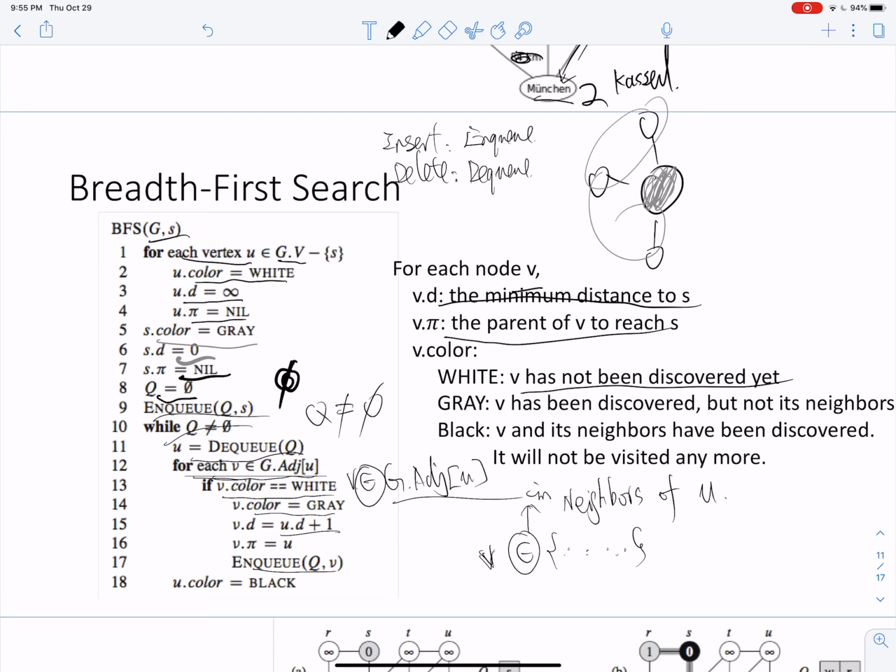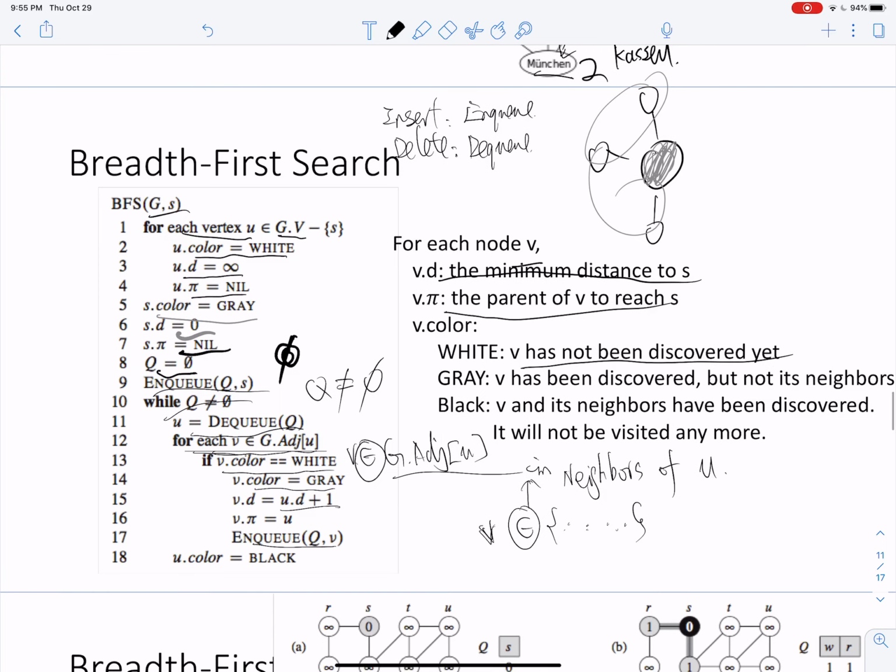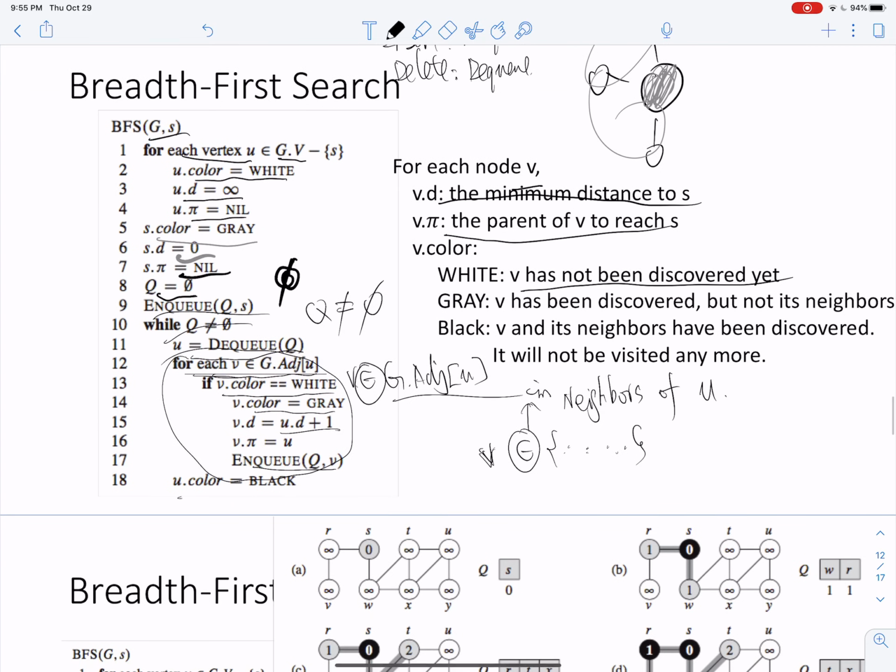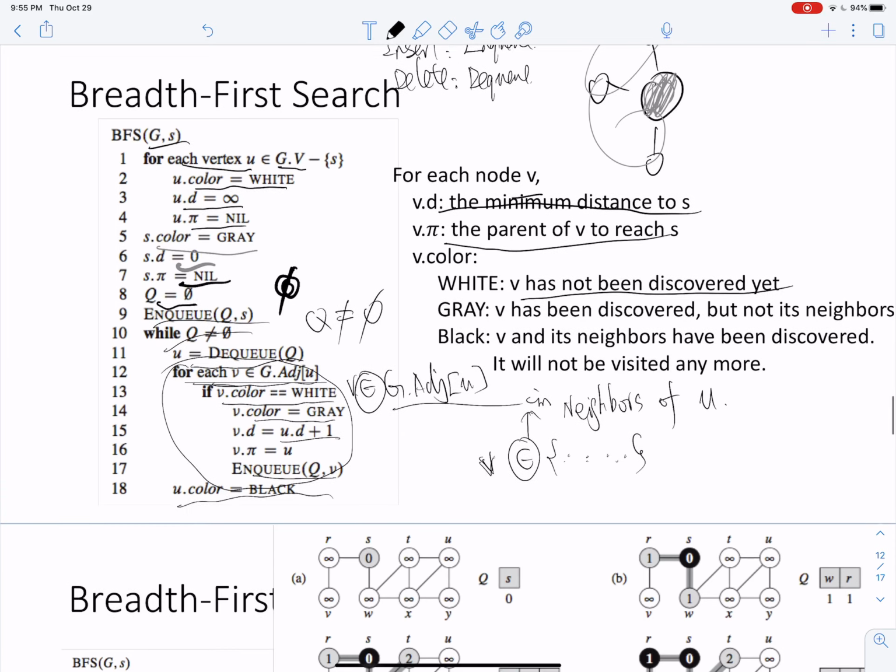Finally, after we do this for all of its neighbors, we associate u with a black color. So this is the pseudocode.